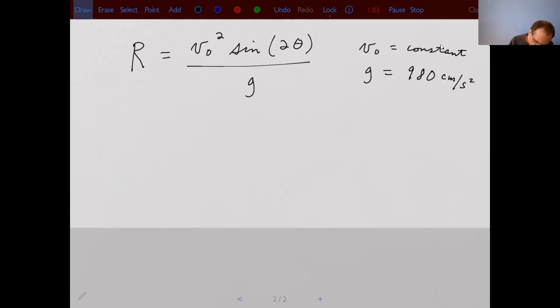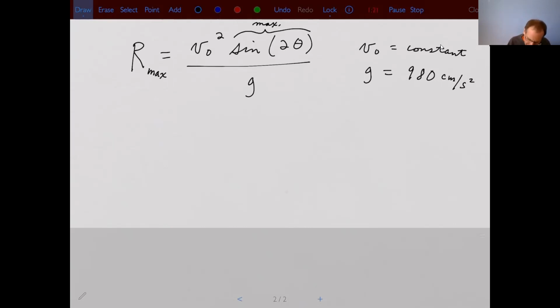So if we want the range to be a maximum, R max, then we want sine of 2 theta to be a maximum. Let's think about what that function looks like.